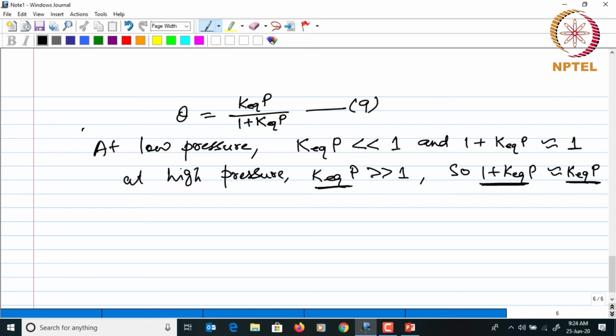Okay, so considering these boundary conditions, now if you plot theta as a function of the gas pressure P, it will vary something like this.